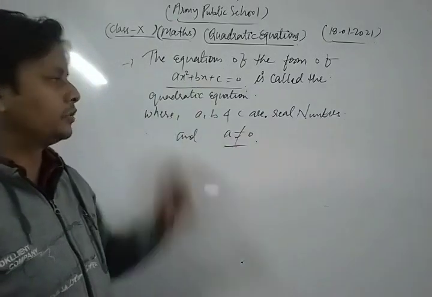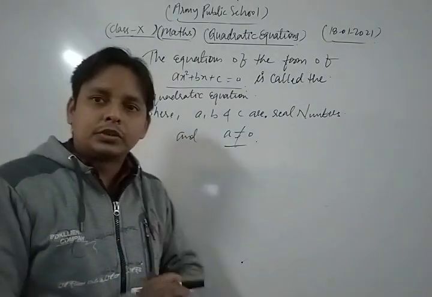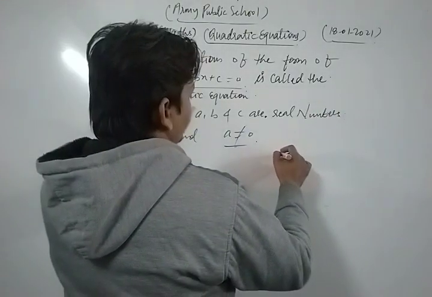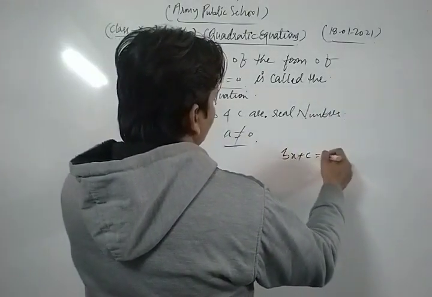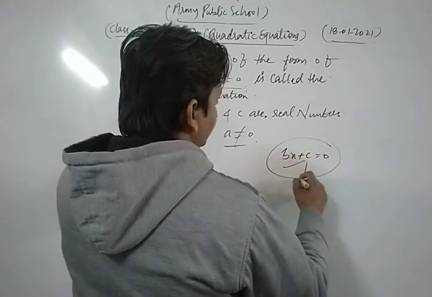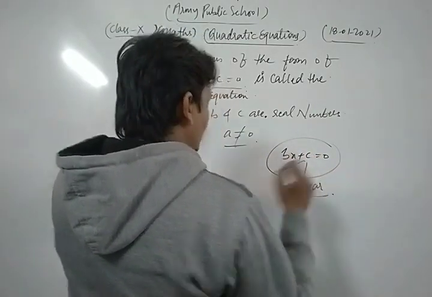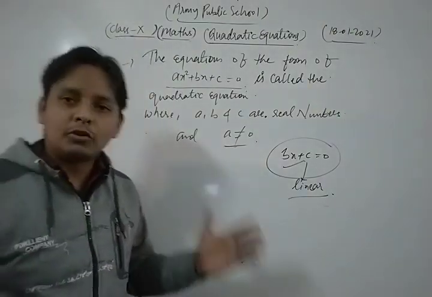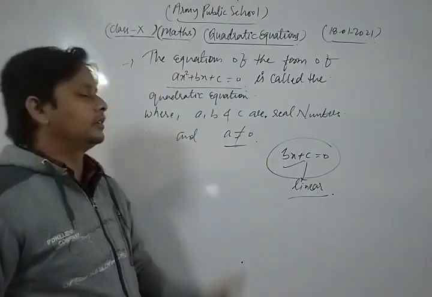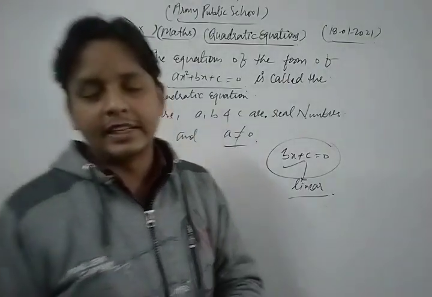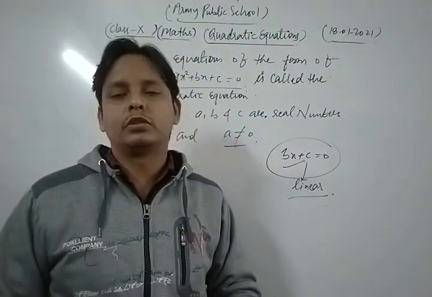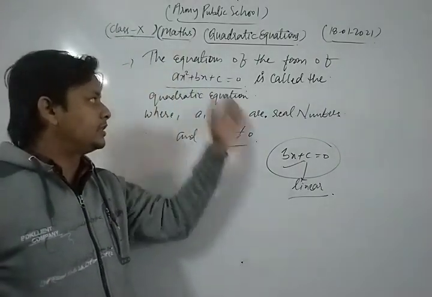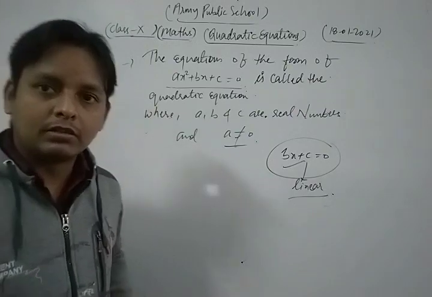Dear students, if a is 0, then the quadratic equation becomes a linear equation, because if we put a equal to 0, we get bx plus c is equal to 0, which is linear. So this, ax square plus bx plus c, is the original form of the quadratic equation, where a, b, c are any real numbers and a is not equal to 0.